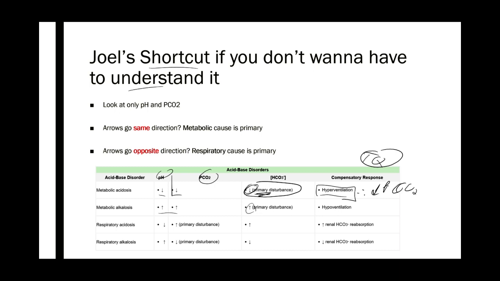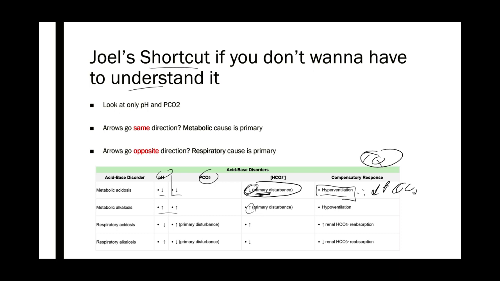That means more bicarb will be reabsorbed, and more bicarb will build up in the blood and cause an alkalosis type of state. In response, because the compensation is the complete opposite, you have a compensation that would cause a respiratory acidosis.